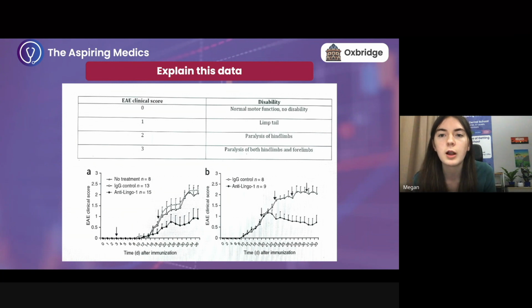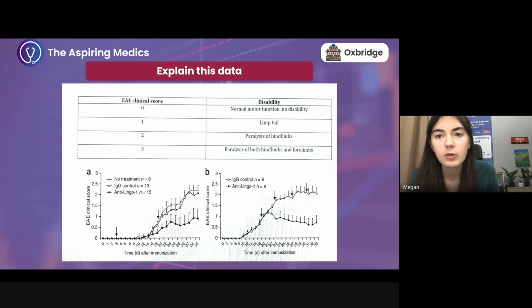Can we give treatment earlier to prevent the EAE clinical score increasing? Versus in B, it's slightly delayed, and then we see an increase in EAE before they give the booster. So yeah, it's quite relevant, because you want to give the treatment before symptoms start to escalate.